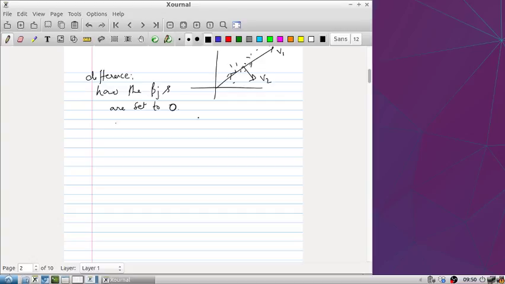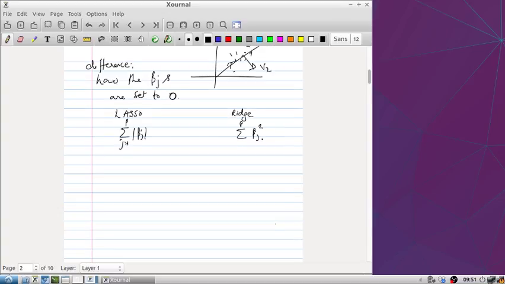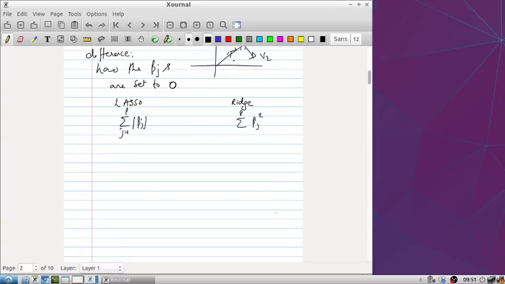Let me write lasso here. I'm going to draw two pictures, lasso and ridge. Lasso has this type of constraint, the sum over j from 1 to p of |betaj|, and ridge has the sum over j from 1 to p of betaj squared.